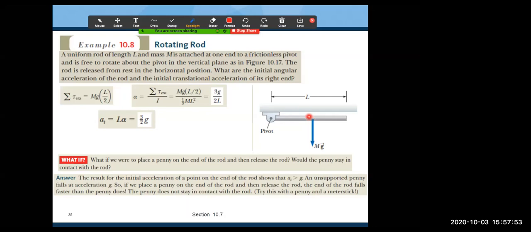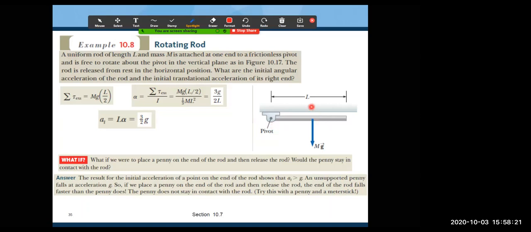Now, when you allow the rod to be released, it would have a torque about the pivot. If you look at it in this direction, you would say the torque is in the clockwise sense, but it doesn't really matter. Let us just consider there is a torque. What is the magnitude of the torque?